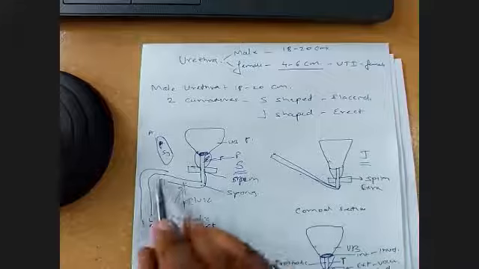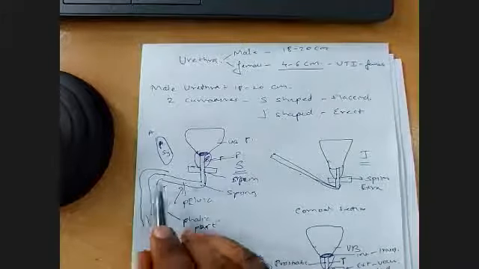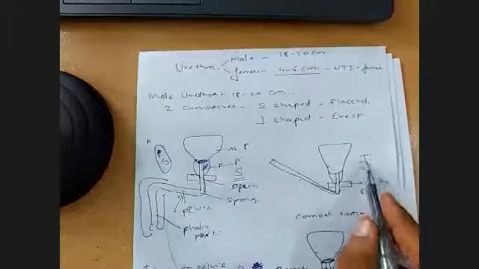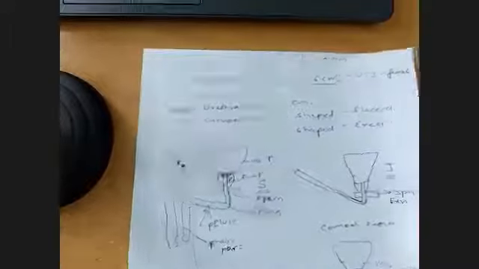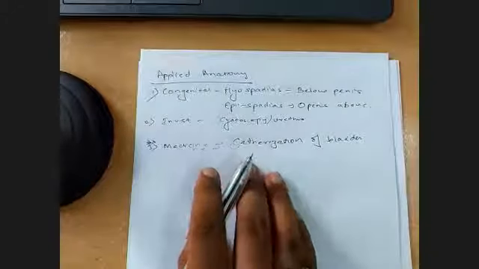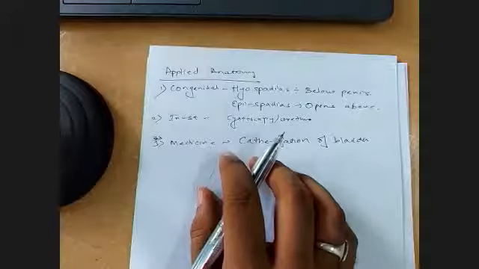Otherwise, passing it like this becomes very difficult because the urethra is S-shaped. Passing through an S shape is very difficult compared to passing it in a J shape. This catheterization is very commonly done, so we have to remember the normal curvature.